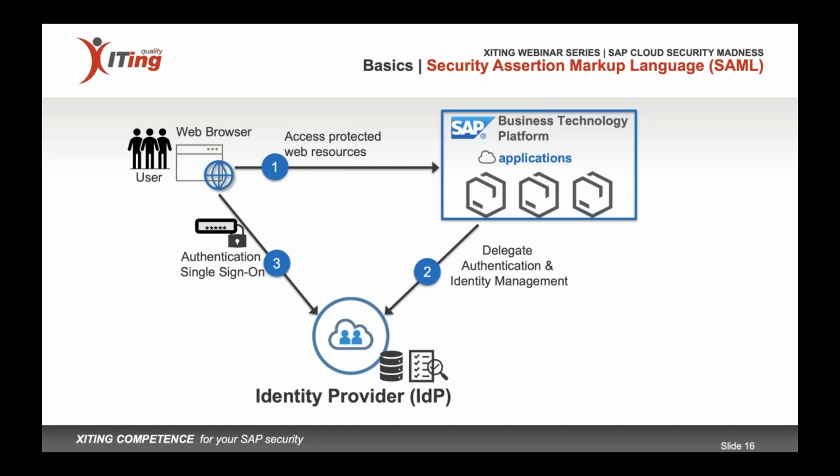So many cloud applications have no local user database. That's important to understand. They don't even persist user accounts. Instead, they totally rely on the SAML token that they will get as a proof of identity. So the business technology platform, for example, uses exactly that concept, and it outsources all identities to an external system that is the identity provider.